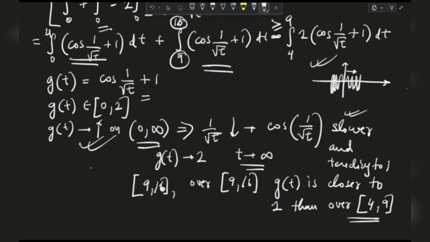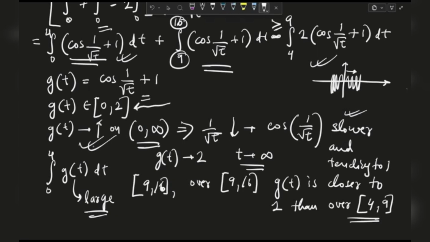And one more thing you can notice is that if you observe the nature of the integral from 0 to 4 of g of t dt, you will understand that it is very, very large. Why? Because the g of t we are talking about here lies in the reference interval 0 to 2. Now this is 0 to 4.